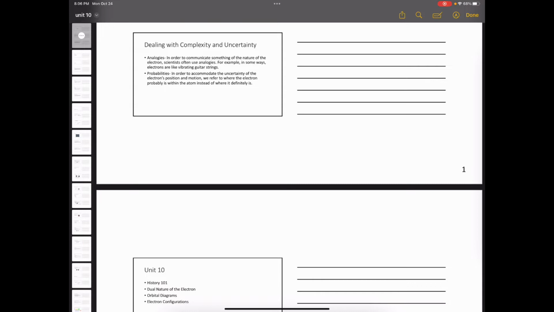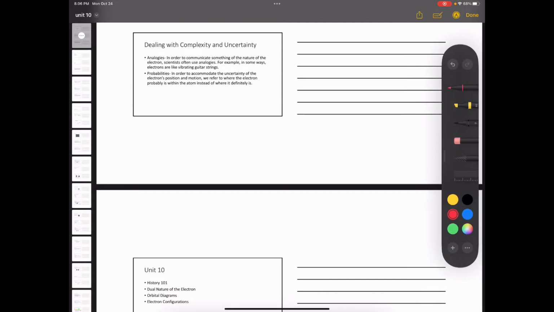When it comes to analogies, we are going to take, for example, the guitar string to help us study the wave properties of the electron, because we're going to address the electron as two different objects with two different properties, as a particle and as a wave, as you will see later. In order to communicate something of a wave nature, scientists often use analogies.